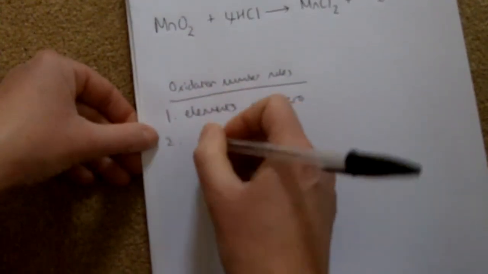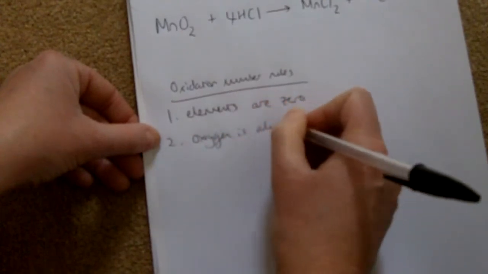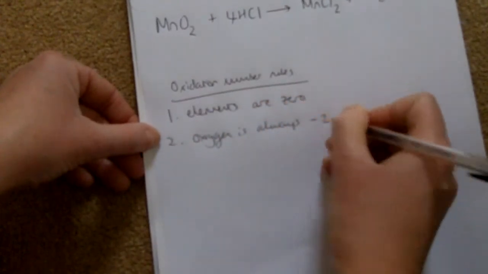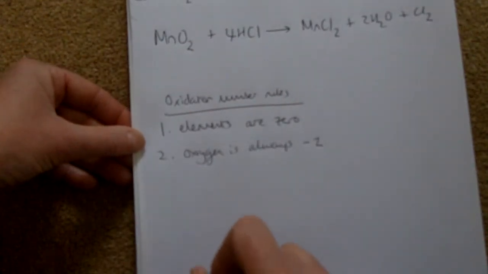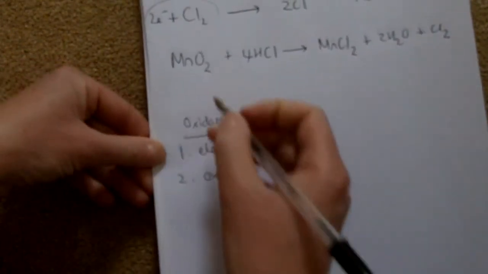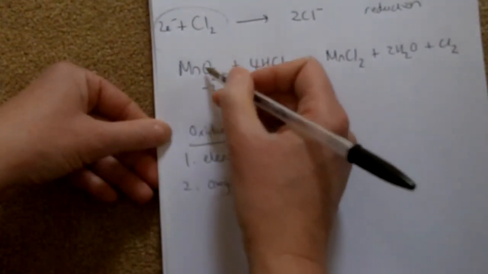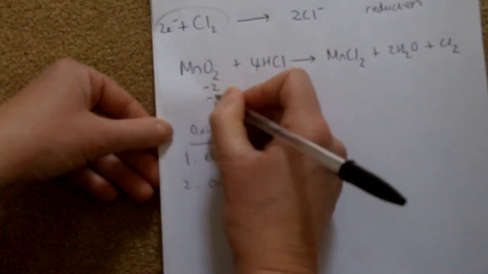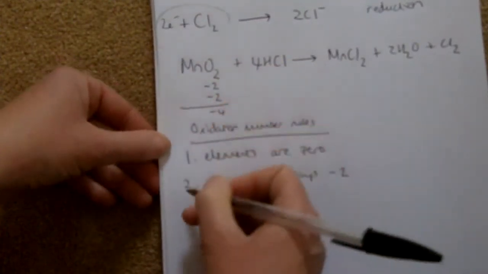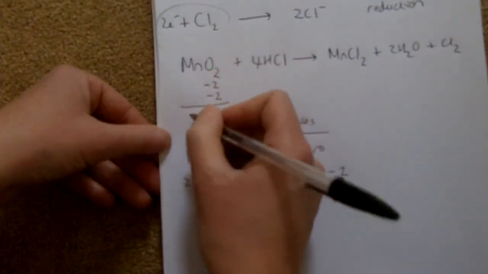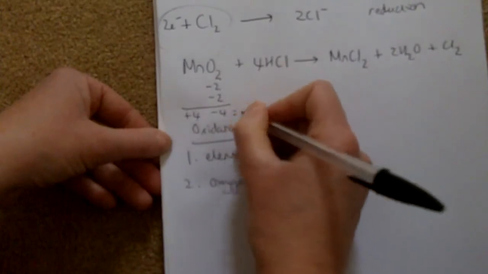The second rule is that oxygen is always -2. So if oxygen is -2, but there are 2 oxygens, so that totals -4, then Mn must be +4 because the overall charge is 0.